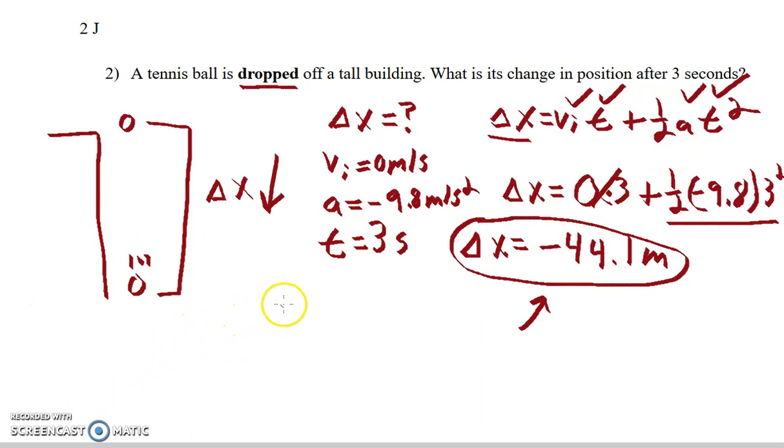So that's the answer. It's important to realize that it's the same thing as horizontal kinematics with a couple key differences. You're still writing down your unknown, you're still finding your knowns.